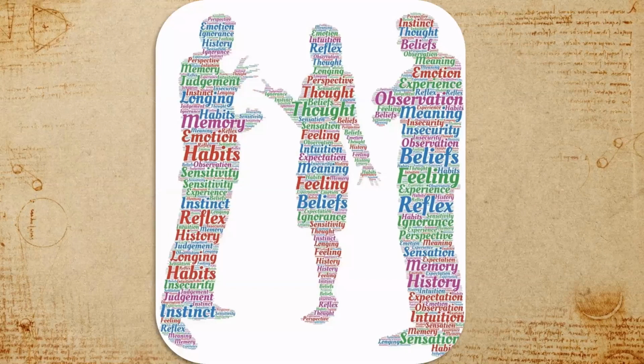What is the reason? What comes into people's minds? And what is the process of the conflict arising? First of all, each person has his or her own emotions, history, memory, judgment, habits, sensitivity, thoughts, experience.